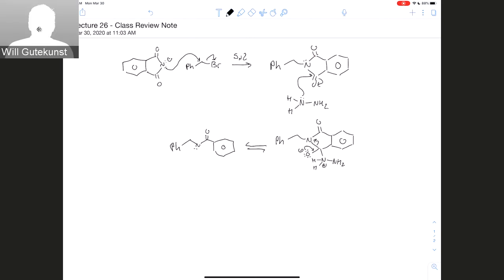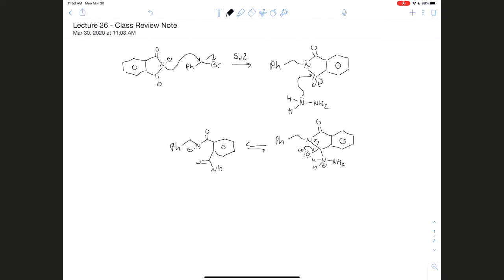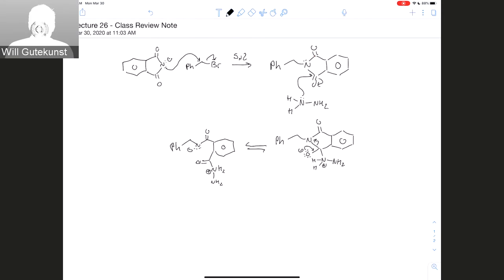Now let's just say we made an amide anion. I won't ask you to do a detailed mechanism of this, maybe if we had more time. And let's just say we have proton transfers.